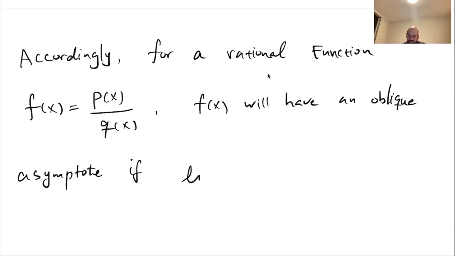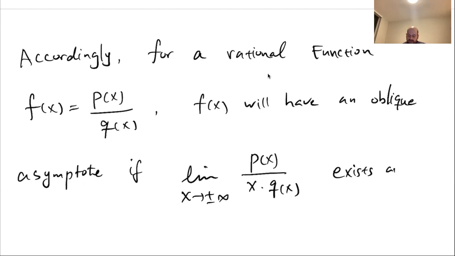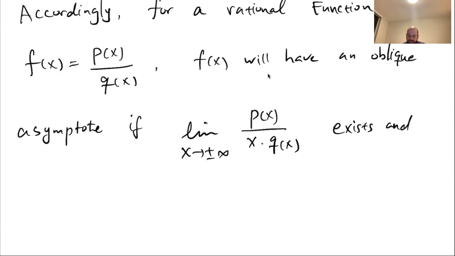F of x over x in this case will be p of x over x times q of x, and we need the limit as x goes to plus or minus infinity to exist and be non-zero.